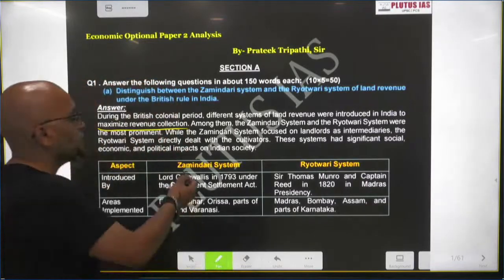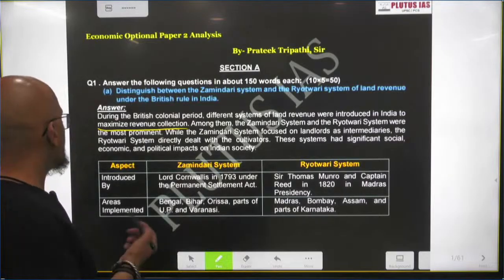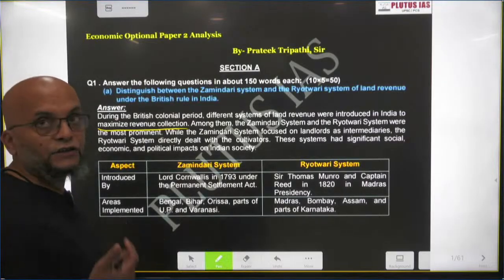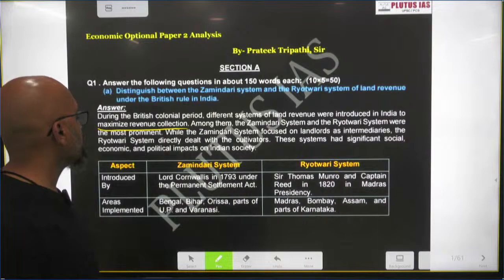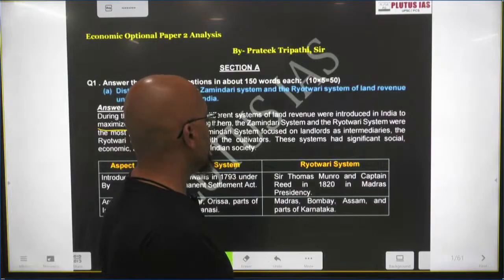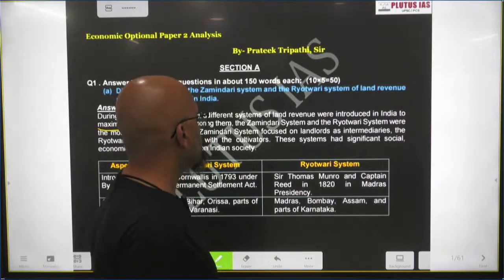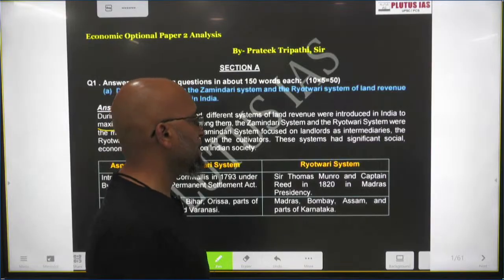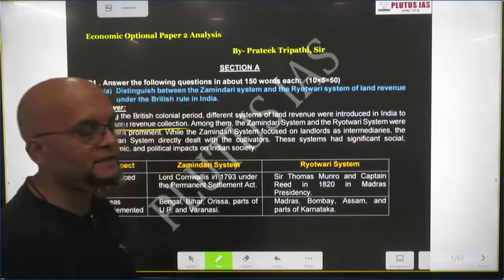Then we could distinguish. First, in terms of introduction, the Zamindari system was introduced by Lord Cornwallis in 1793 under the Permanent Settlement Act, whereas the Ryotwari system was introduced by Sir Thomas Munro and Captain Read in 1820 in Madras Presidency.